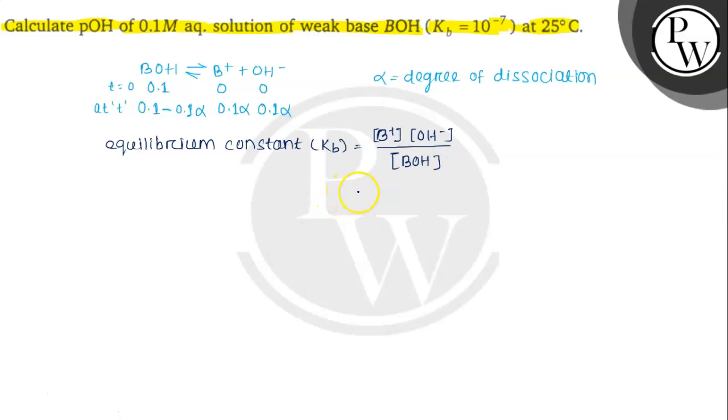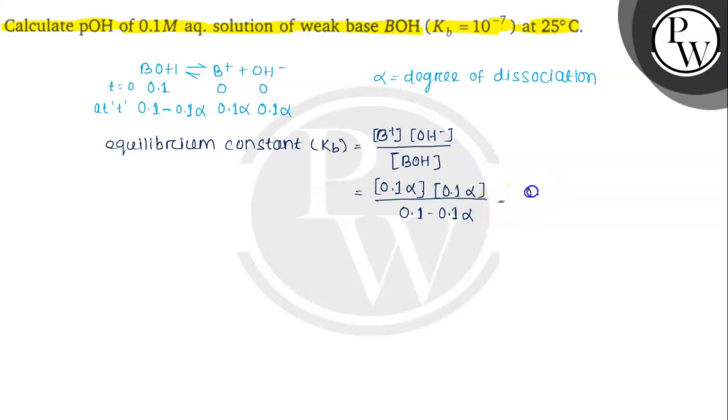Now we can put the values: B plus is 0.1 alpha, into 0.1 alpha, divided by 0.1 minus 0.1 alpha.